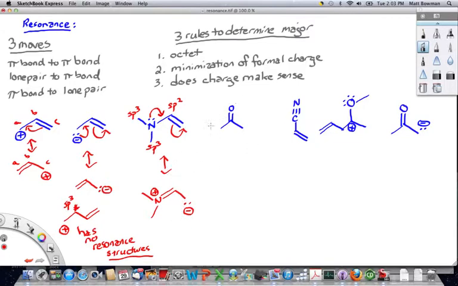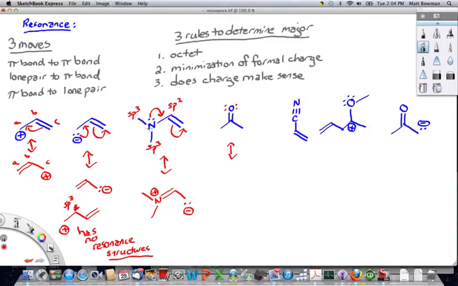Take a look at this. We have a double bonded oxygen. Notice there are no formal charges on this molecule right here. That means this oxygen, in order to be neutral with no formal charges, has to have 2 bonds and 2 lone pairs. Notice the pi bond is directly to the oxygen.